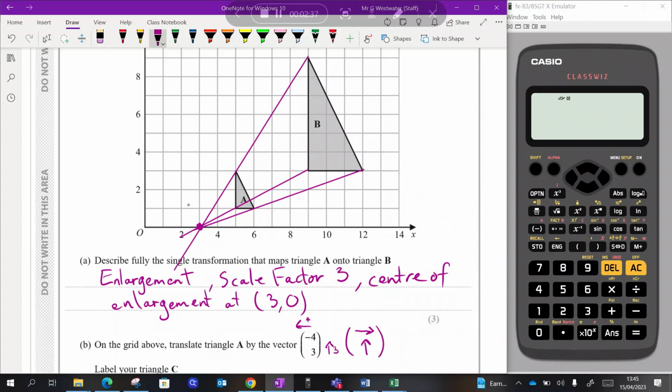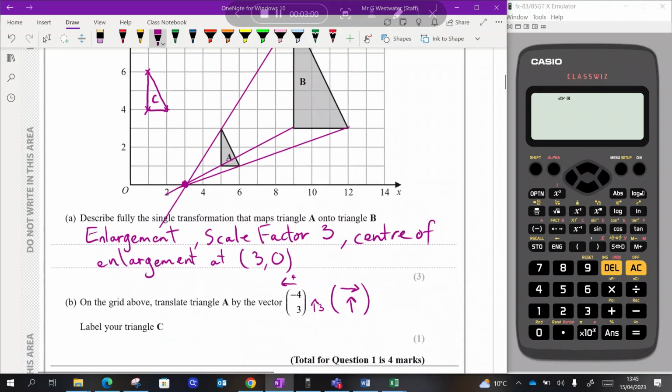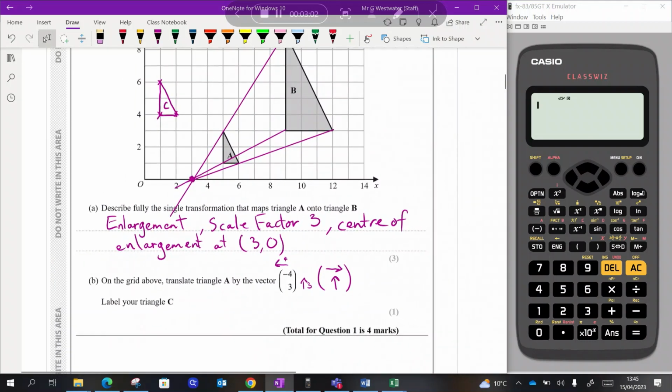We're going 1, 2, 3, 4 to the left, and 1, 2, 3 up. We can do this with all the points. It should look exactly the same as the shape we started off with. It's asked us to label it triangle C, so I'm going to label it triangle C and say thank you very much for my 4 marks.